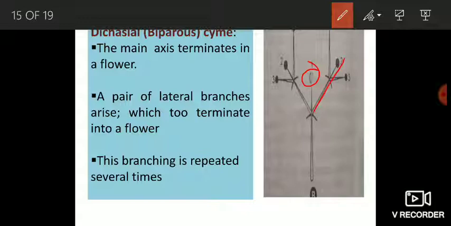Here you can see this is the first one, this is the second one. The apex of both these lateral branches forms flowers, and this process then continues. That means the pattern of branching continues. Here one more branch arises in this direction, one more in this direction, and this process gets repeated several times.